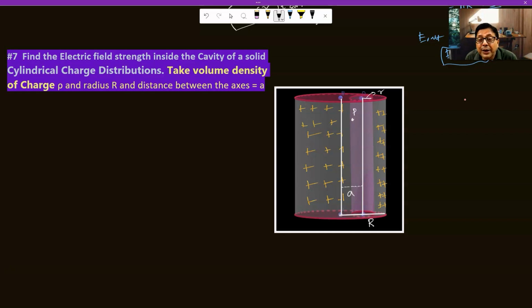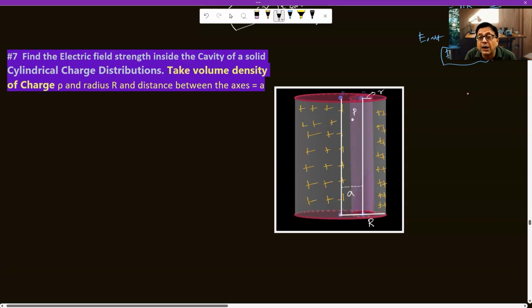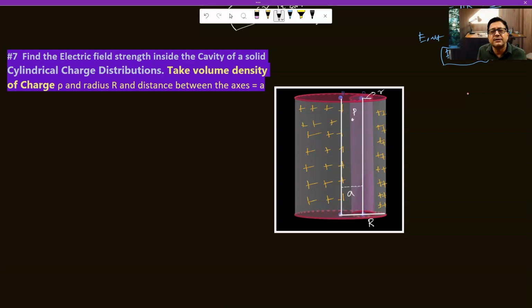And then we take a cylinder of smaller radius whose volume density is minus rho. They are superposed, pasted at the same place. I mean, that negatively charged cylinder you paste at the same place inside the bigger cylinder. No charge will be there. A cavity is formed. Your problem is to find the field in the cavity at P.